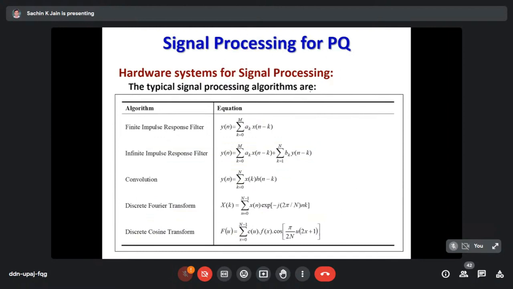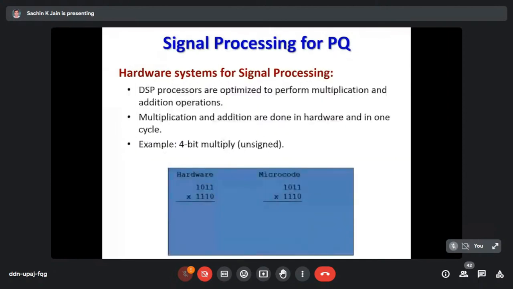These are the typical signal processing algorithms that we need to implement: FIR filters, convolution, DFT, DCT. These implementations involve a lot of additions and multiplications, right? For example, hardware will do a multiplication in one cycle.